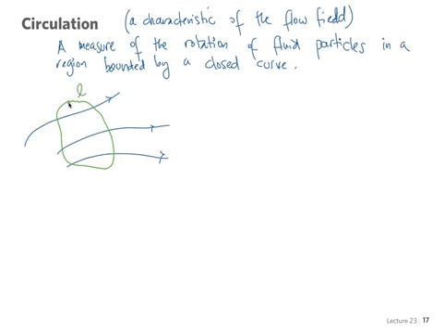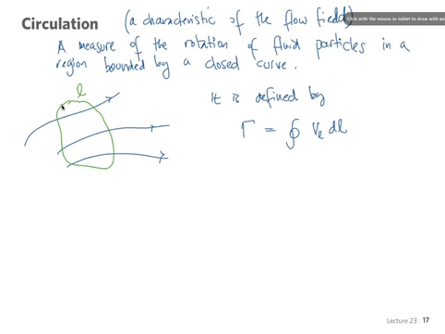Let's call it L. What we use to define the circulation, with the Greek letter gamma, is the path integral around this closed curve of V sub L dl, where V sub L is the tangential component of the velocity at any point, tangent to the curve, and we go around it to make this path integral.